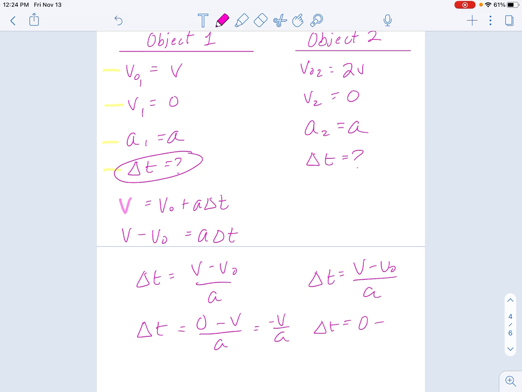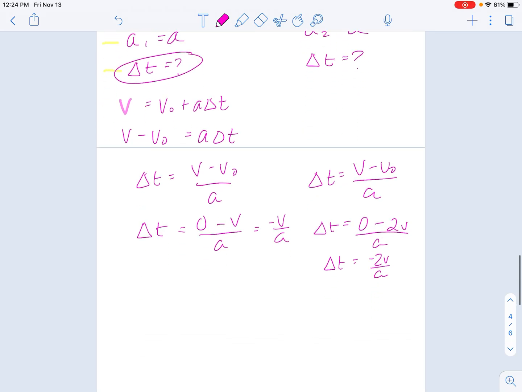The v0, the initial velocity, is 2v, and the acceleration is a. So t1 is negative v over a, t2 is negative 2v over a, and again, we can see that t2 is twice t1.